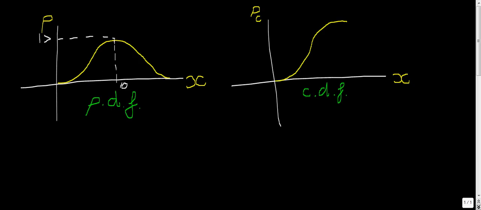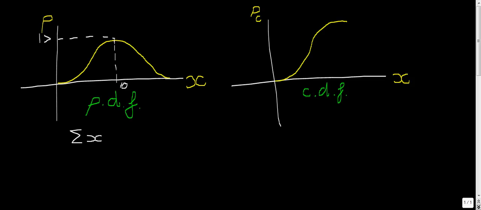So we know that if any reading of this graph is the probability of getting some value of x, then all the readings off the graph must add up to the total probability.